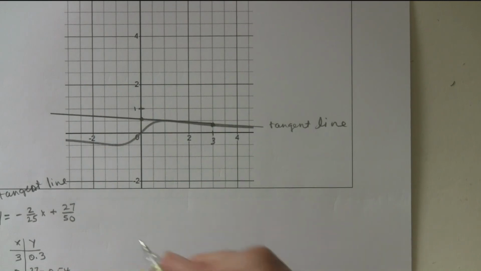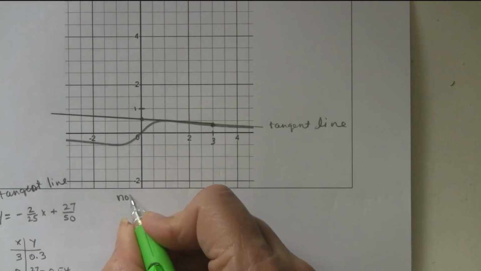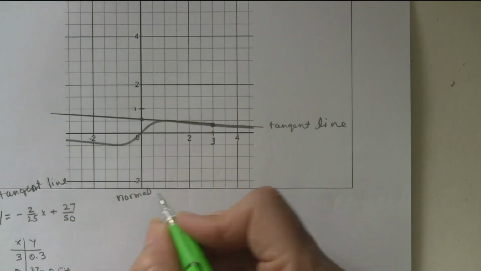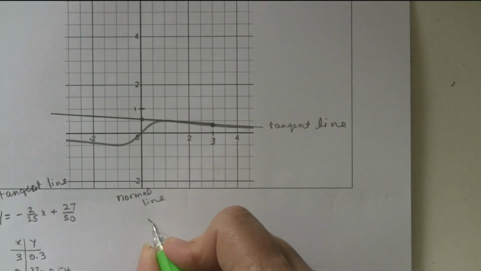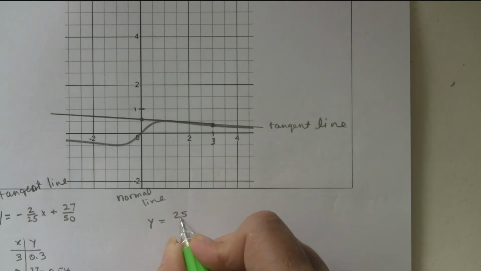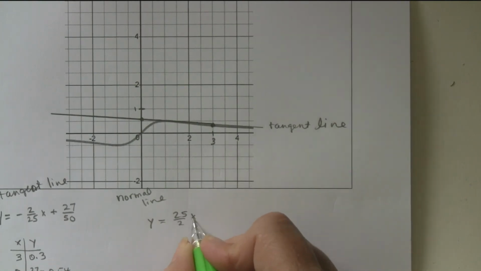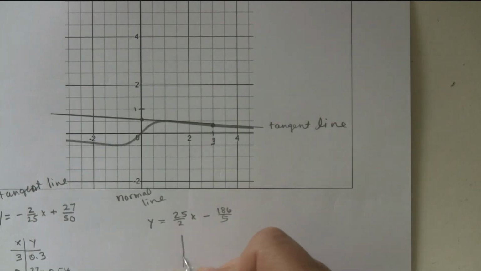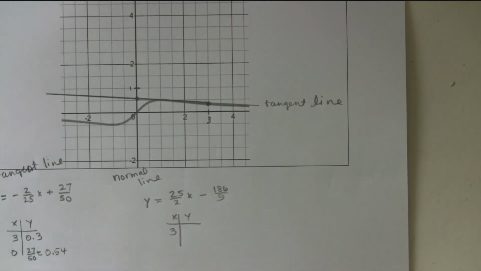And now I want to graph on the same graph the normal line. The equation we have for the normal line was 25 over 2 x minus 186 over 5. And if I pick the point x is 3, do you know what I should get for my y value?